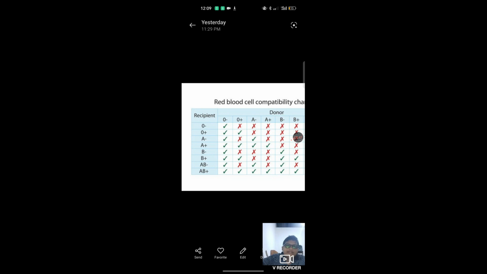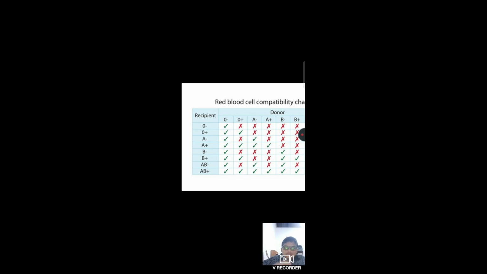So you will wonder how this can be compatibility. How can we check? When we take the donor's blood and the recipient's blood, if the donor's blood is A positive and the recipient's blood is A negative, the donor can't give blood to the recipient.